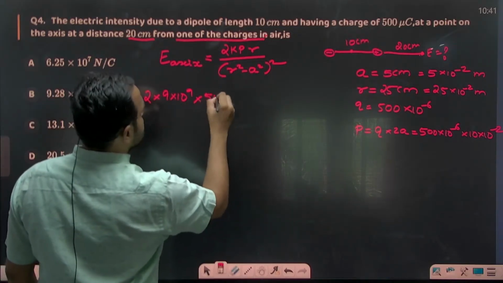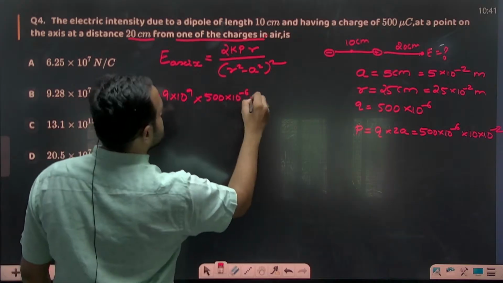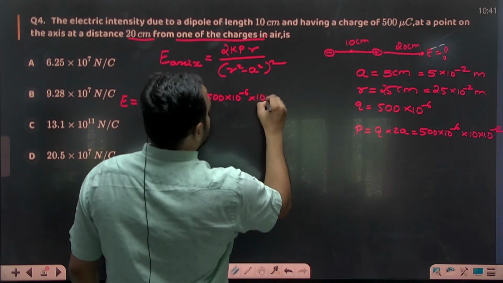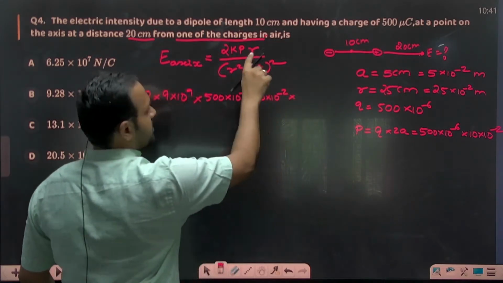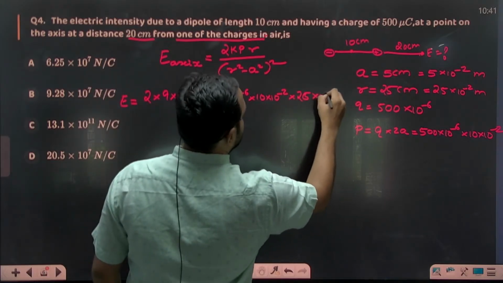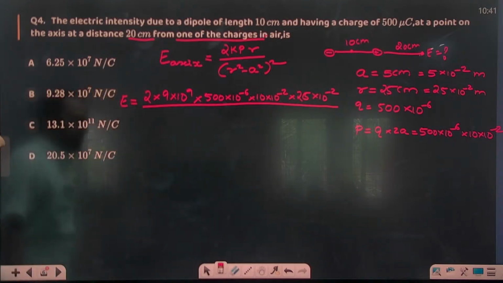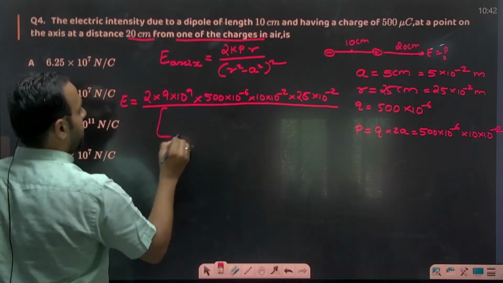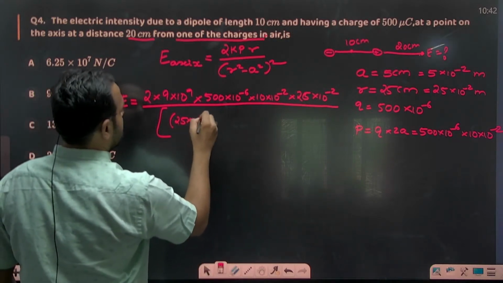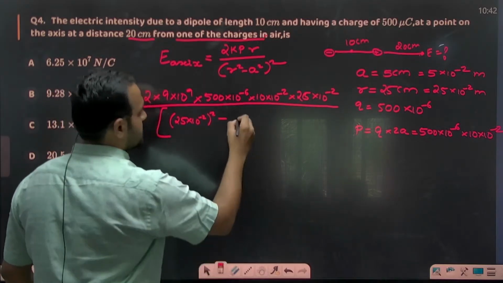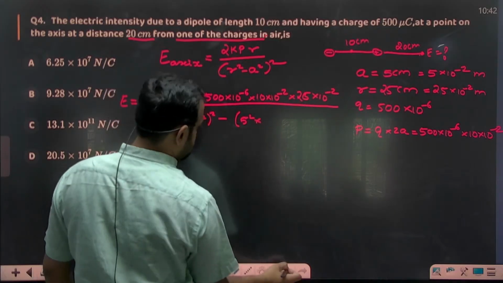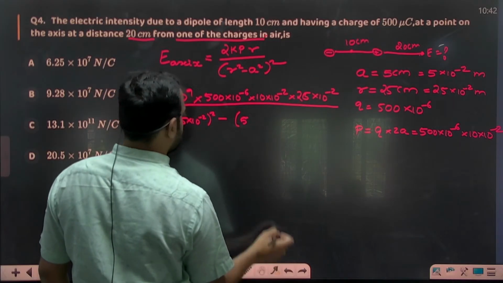P is 500 into 10 power minus 6 multiplied by 10 into 10 power minus 2, multiplied by r, which is 25 into 10 power minus 2, divided by r square minus a square whole square. R square is 25 into 10 power minus 2 square, minus a square, 5 into 10 power minus 2 square.